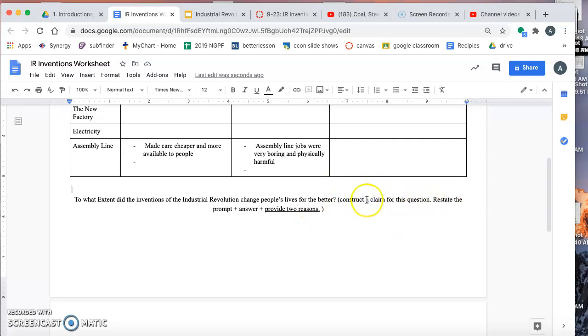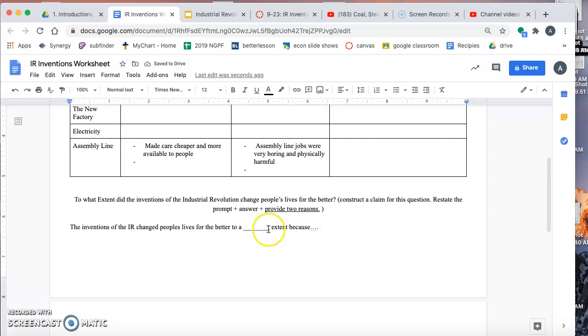So construct a claim for this question. Restate the prompt, answer, and provide 2 reasons. So the way that you're going to restate this prompt is, the inventions of the Industrial Revolution change people's lives for the better to a blank extent because.